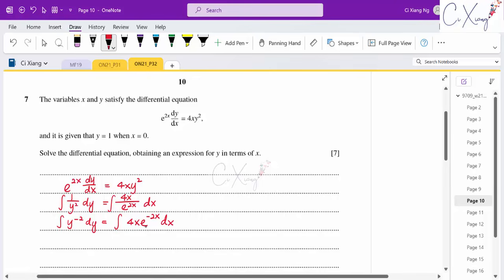On the right-hand side, it consists of the product of two different functions, where one is x, another one is e^(-2x).